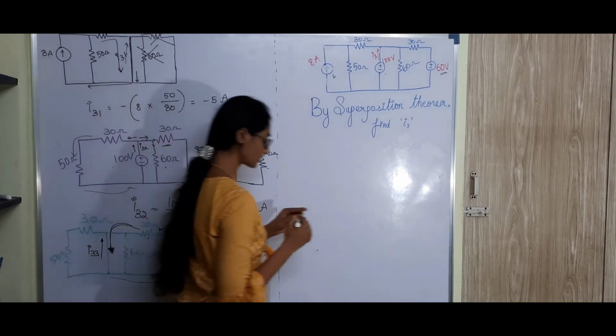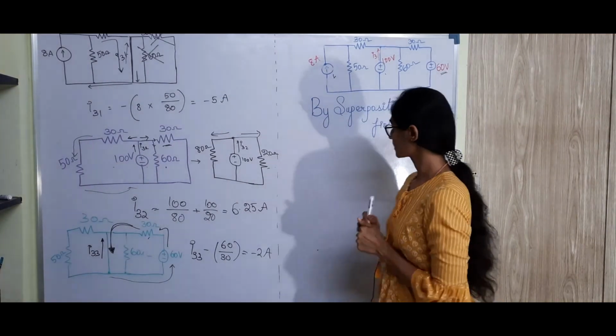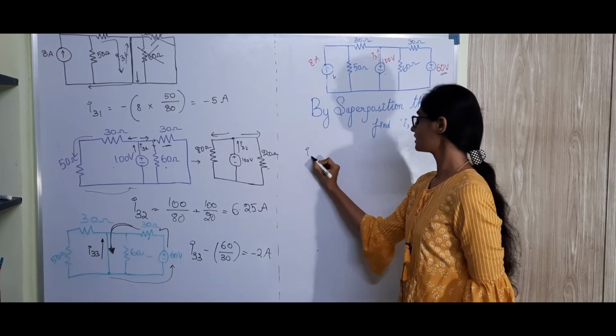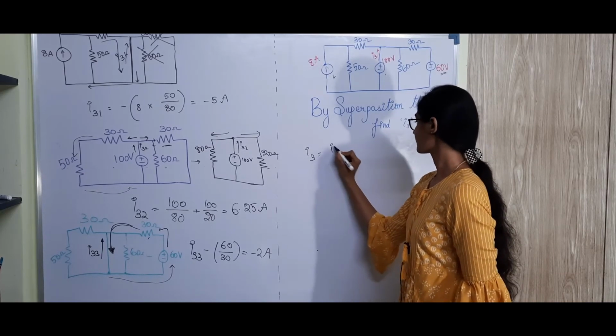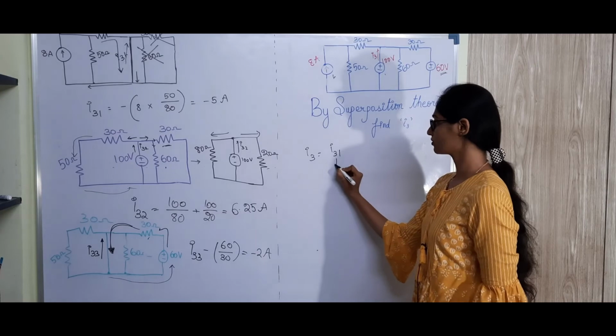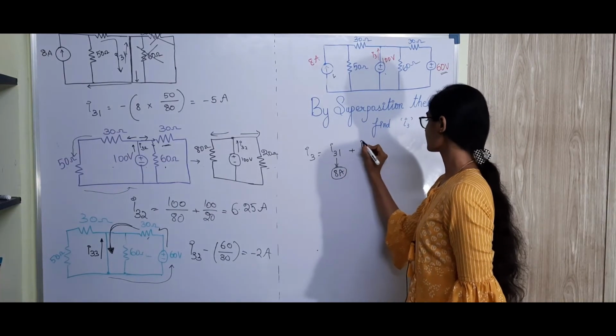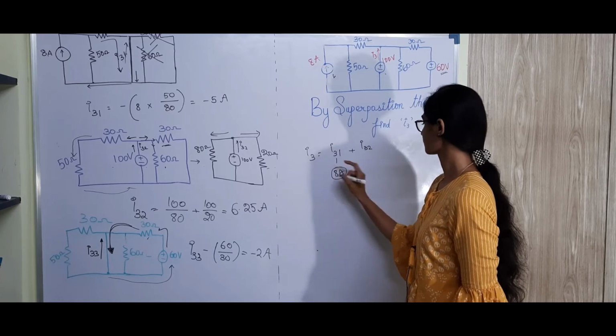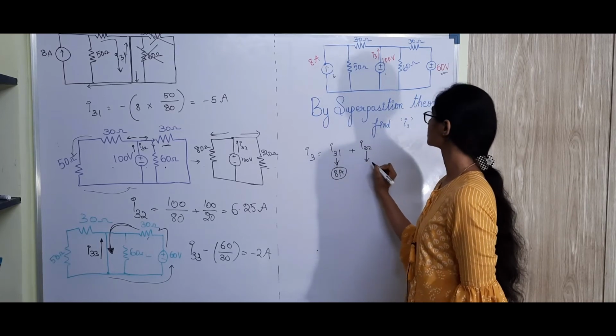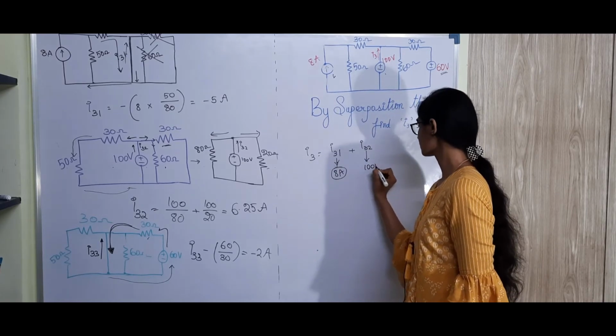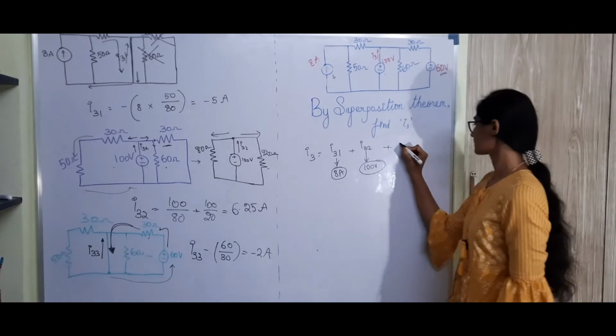So what is the total current? The total current I3 will be I31, the current due to the 8 ampere source, plus I32, this current is due to the 100 volt source, plus I33.